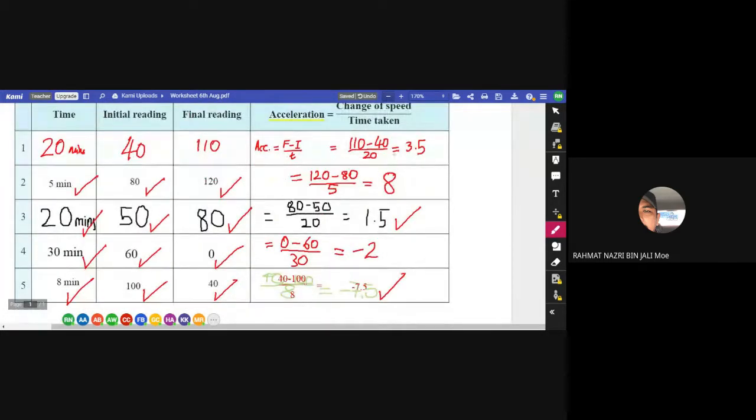Okay, so we have a positive acceleration, 3.5, 8, and 1.5. This is a positive change of speed. The other name for acceleration is the rate of change of speed. The positive part, we call it acceleration.